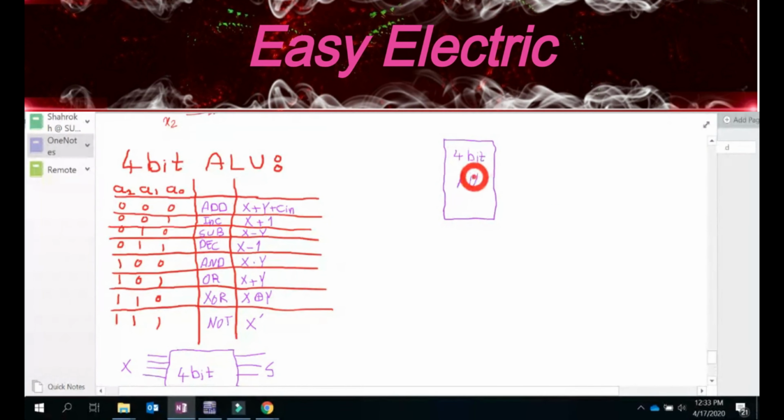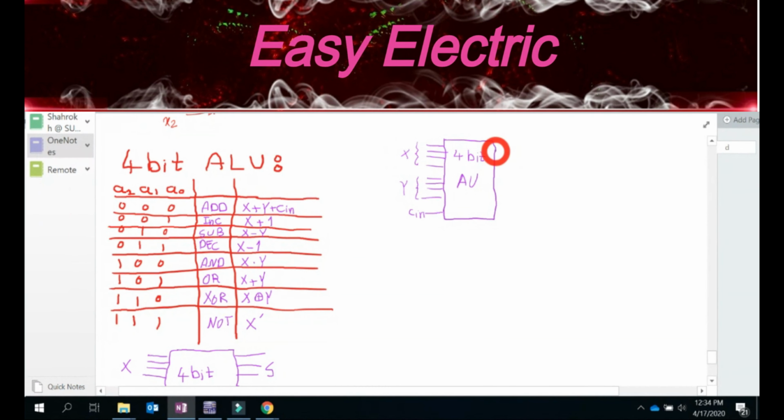I already designed that. So you already know it has 1, 2, 3, 4 inputs for X and 1, 2, 3, 4 for Y, and definitely you need the C in here. This is for Y, this is for X, and what's the output?